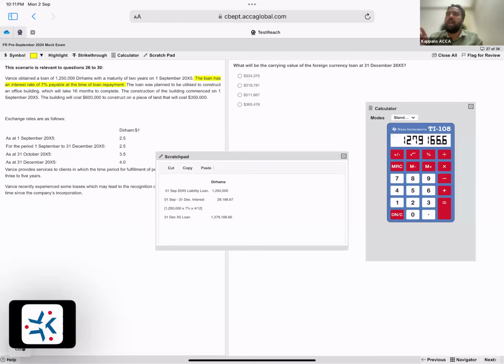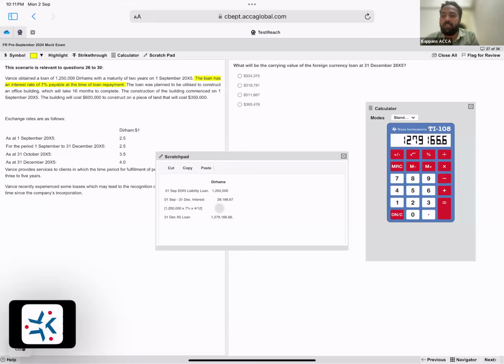Monetary item means amount receivable or payable in foreign currency. Since this loan is repayable along with interest in foreign currency, dirhams, it's a monetary item. A monetary item should be retranslated at year-end at the closing rate as per IAS 21.